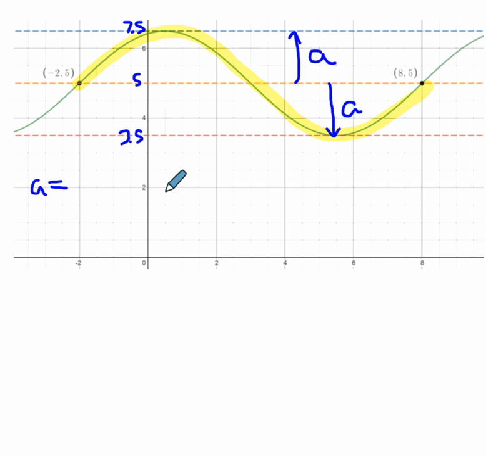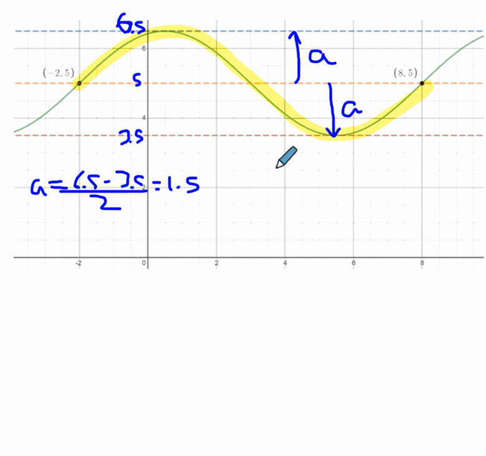So our amplitude could be calculated as, sorry, the maximum is not 7.5, it's 6.5, sorry. So if we do 6.5 minus 3.5, and then we divide that by 2, we get our amplitude of 1.5.